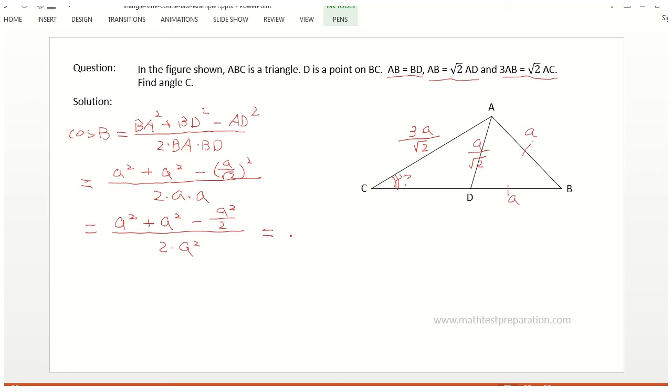This equals A square times, first term is 1 plus second term 1, subtract third term, a half.